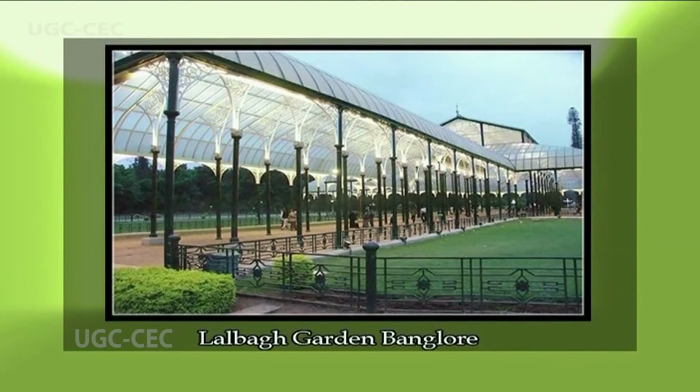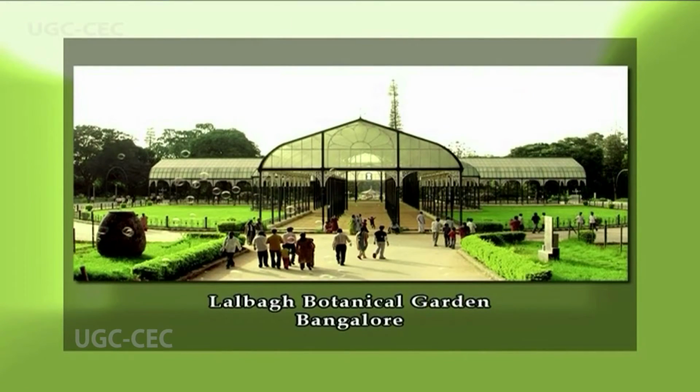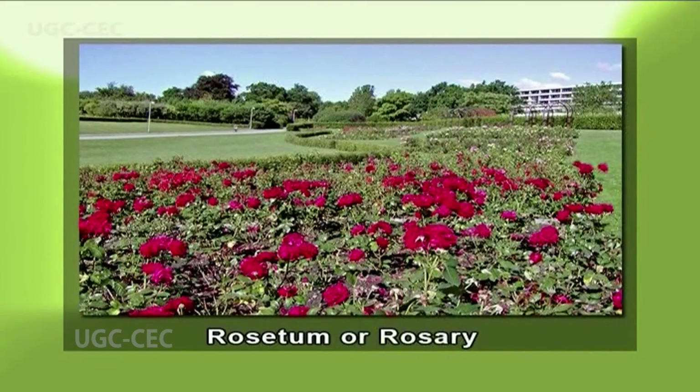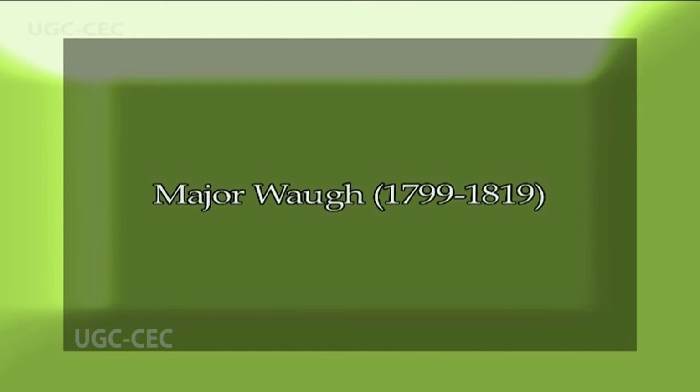Lal Bagh Garden, Bangalore. This is the best botanical garden in South India, which was named Lal Bagh by Hyder Ali in 1760 because of its beautiful rose garden and red flowers. Its first director was Major Wagh, who introduced a number of exotic plants from various countries into this garden.